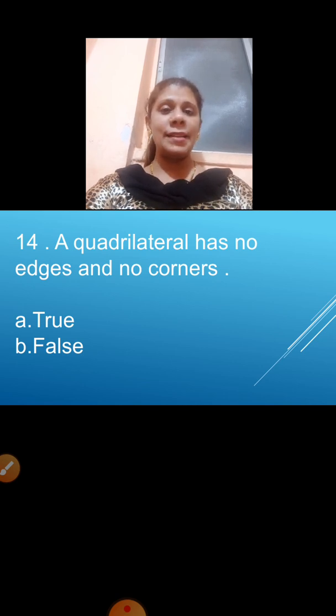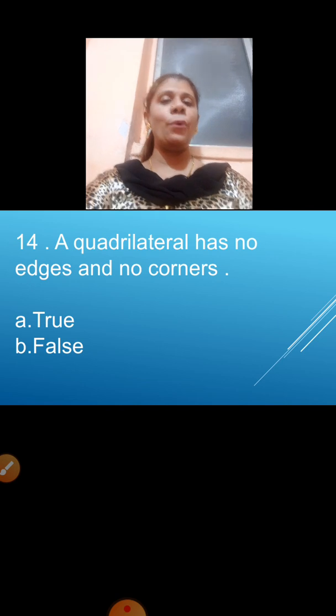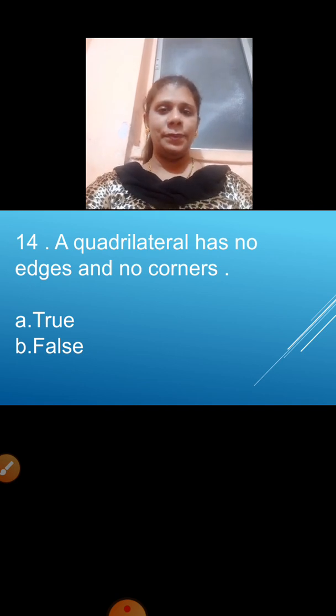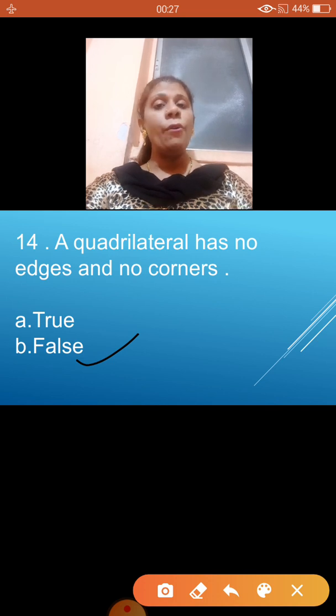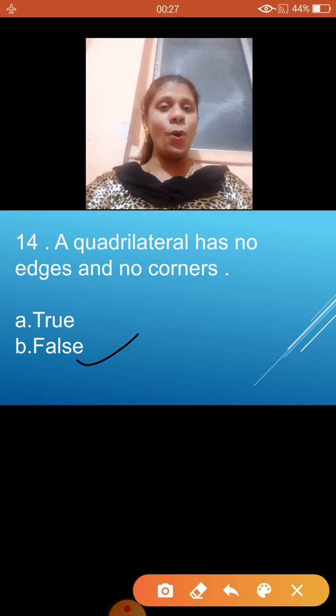What is the correct answer? Which answer you are going to take? False. Correct. Because a quadrilateral is a 4-sided figure. So, it is false.